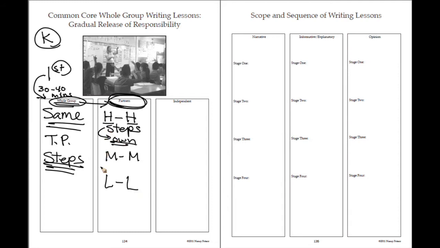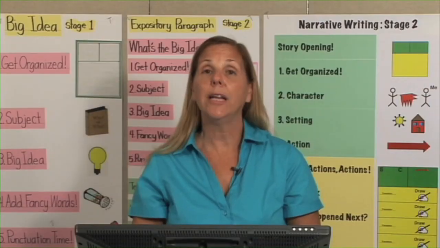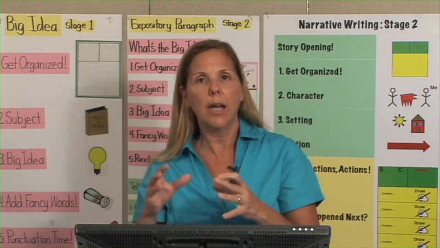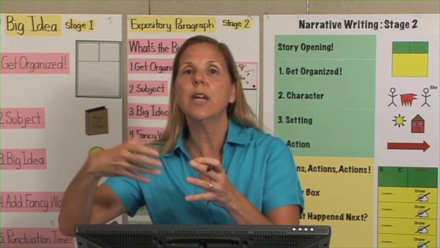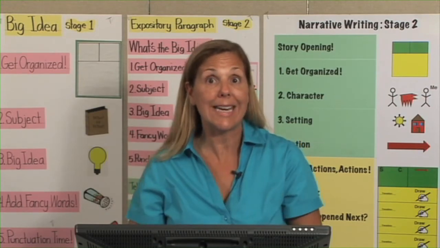Eventually, my lows will be put into partners. By the time my lows are in partners, my highs and mediums have done several stories as partners, and now they'll start writing their own stories or information or opinions on their own. But my lows will remain in partners. Now, sometimes I may need to continue giving them extra help, and that's easy when they're in partners because I can get to them.